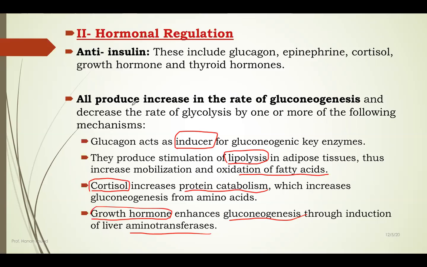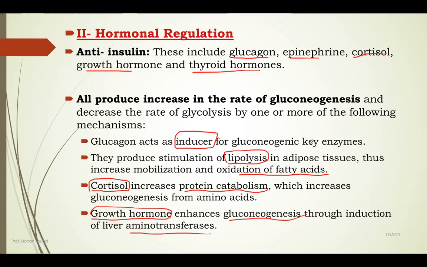But anti-insulin hormones, which are glucagon, epinephrine, cortisol, thyroid hormone, and growth hormone, all have elevated levels during starvation. They are normally present in our blood, but at a very low level. But when the level is elevated by starvation, they have effects.